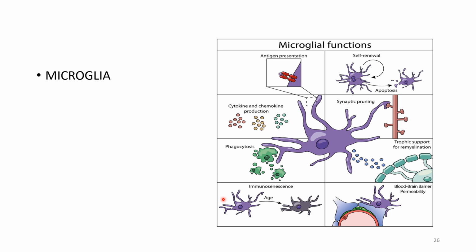The important thing is they can take up potassium ions and the GABA neurotransmitter, and help in maintaining the concentration of these ions. So we have activities for both macroglia and microglia. These are the functions of the microglia, and I already told the functions of the astrocytes and oligodendrocytes, which are included in the macroglia.